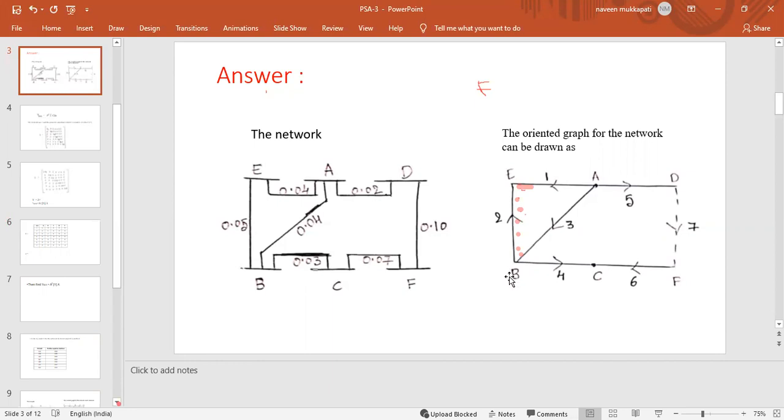Which node do we take as +1? Element 4 is away from the B node, so B is taken as +1, and towards the C node, so C is taken as -1. Once observe: B is +1, C is -1.